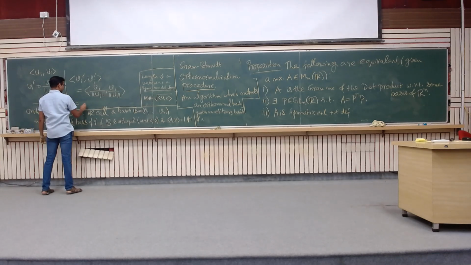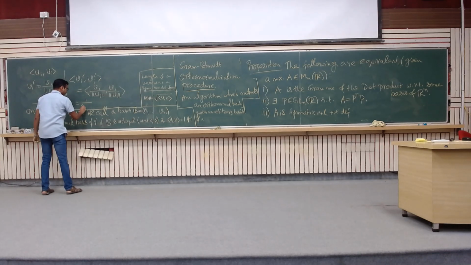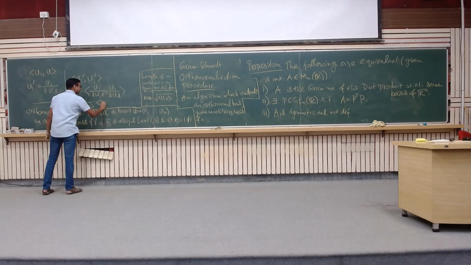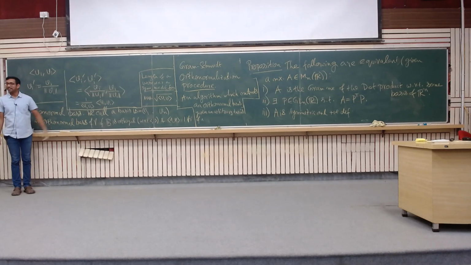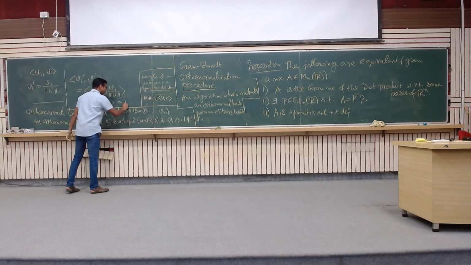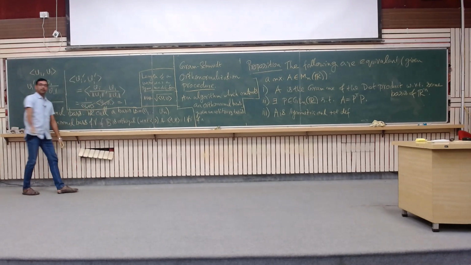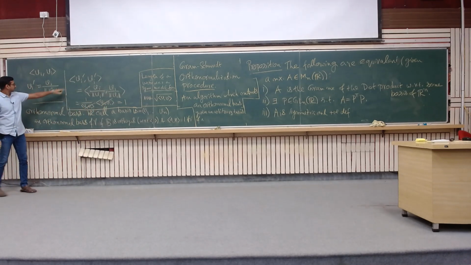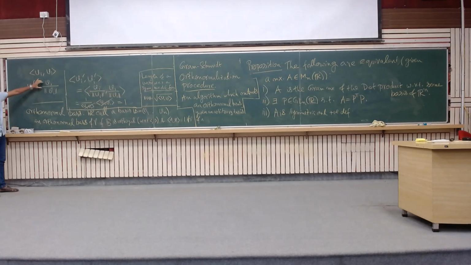So this is equal to just, I mean, outside you are having Vi, and here you are having Vi. So now you can cancel and you can get the 1. Okay. So this is giving you 1. That means what you get by dividing Vi with its length is a unit vector with respect to the given norm.